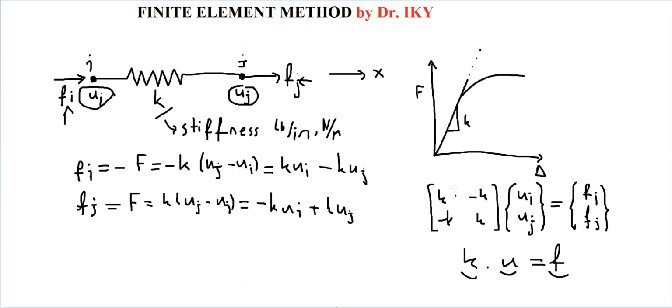Note that this K is symmetric, but singular or non-singular? We can say both, but if you remember, if the determinant is equal to 0, it is singular. But we have to use an elimination technique to solve for it.